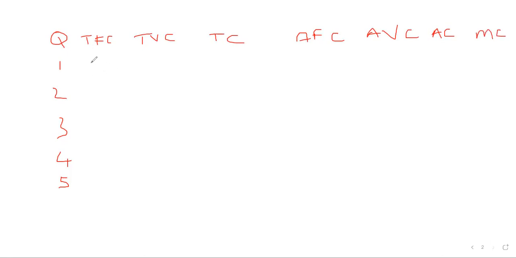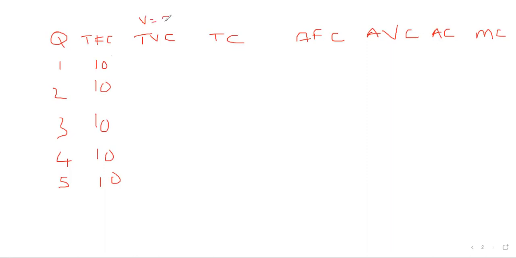For instance, we have what? The fixed cost. Fixed costs are usually fixed. So if we have 10, 10, 10, for instance. Then we are told that the variable cost is what?